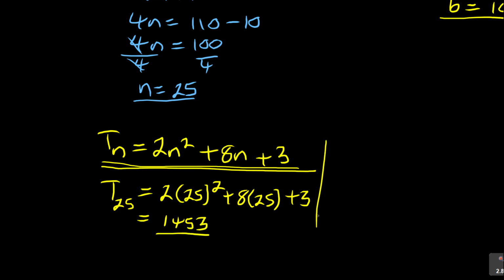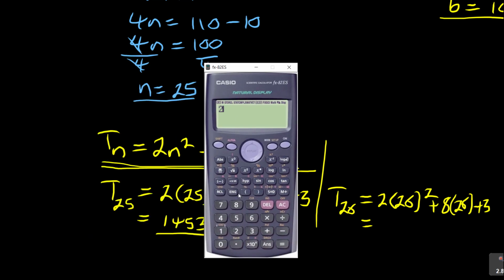And then also I've got T26 is equal to 2 times 26 squared plus 8 times 26 plus 3, and then it will give me now for 26. So I'll have 2 times 26 squared plus 8 times 26 plus 3.